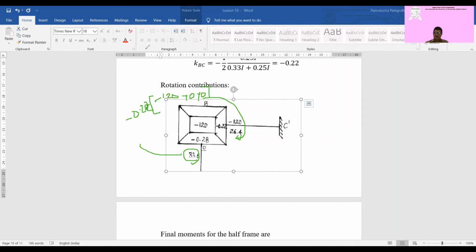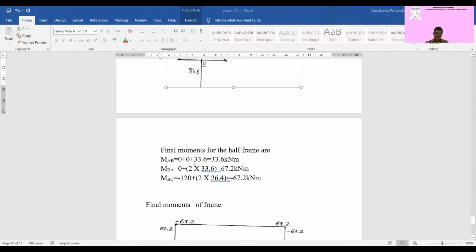Now once you do this, what is your value of final moments? So MAB: it is 0 fixed end moment, 0 for near end contribution, and for far end it becomes 33.6. So the value becomes 33.6. For MBA, the fixed end moment is 0.